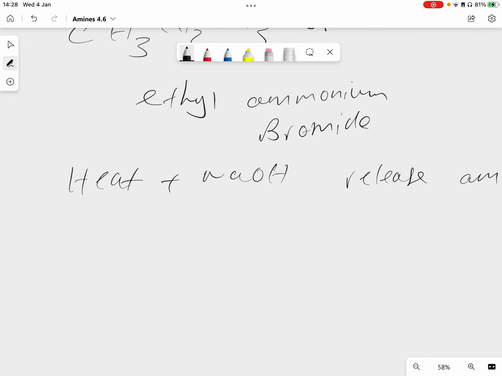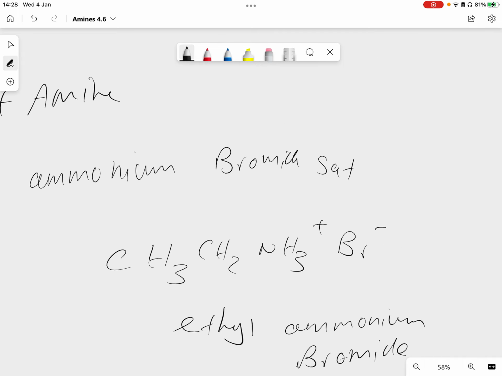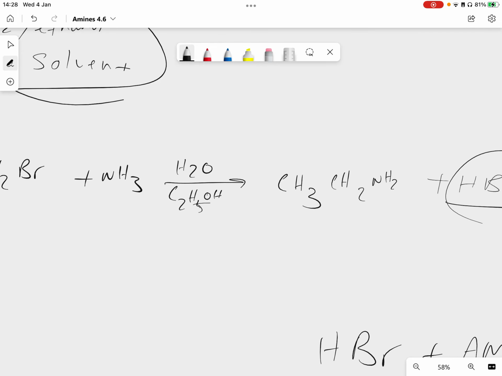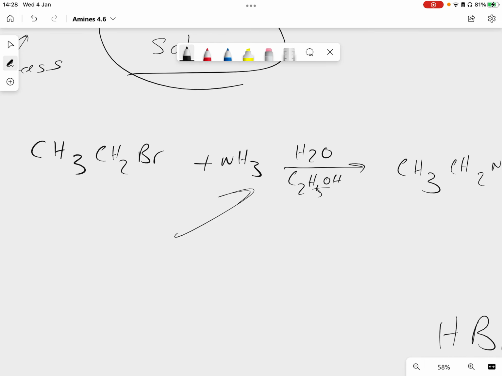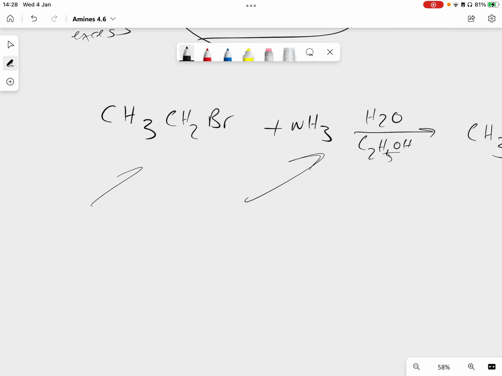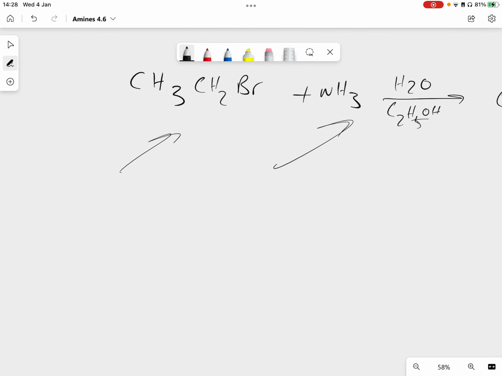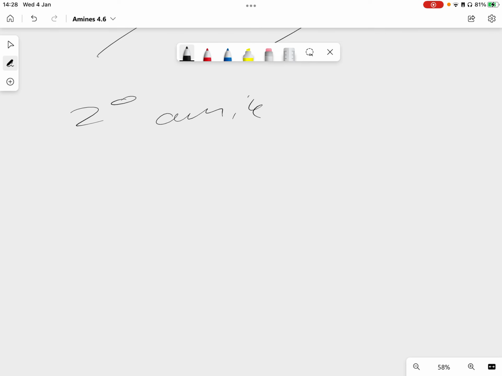Okay, so in this reaction, if we were to use, instead of excess NH3, an excess of our halogenoalkane, we'd actually get a secondary amine produced. If we don't want that, this is because the amine can act as a nucleophile. Let me draw it out. I need to draw things up to explain.